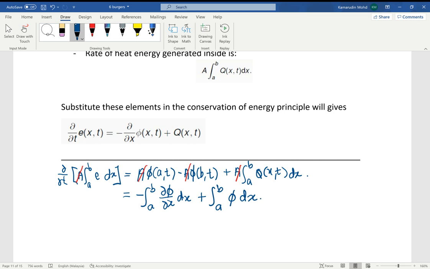For the right hand side terms, I can bring del t inside the integration. So we have the integration from A to B of del t e dx.